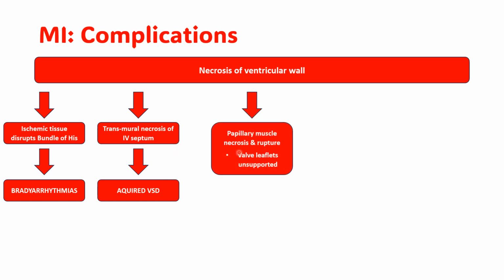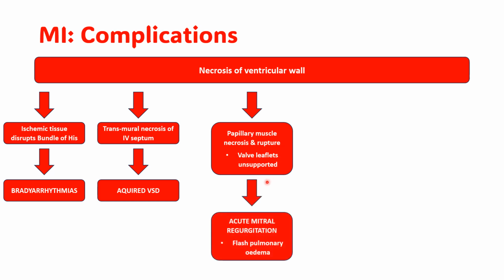Papillary muscle necrosis and rupture leaves the valve leaflets unsupported, leading to acute mitral regurgitation. I mentioned the flash pulmonary edema earlier. And then all three of these, the bradyarrhythmias, acquired VSD, and the acute mitral regurgitation, all lead to pump dysfunction.